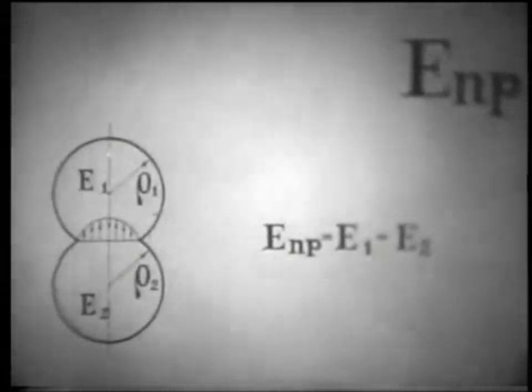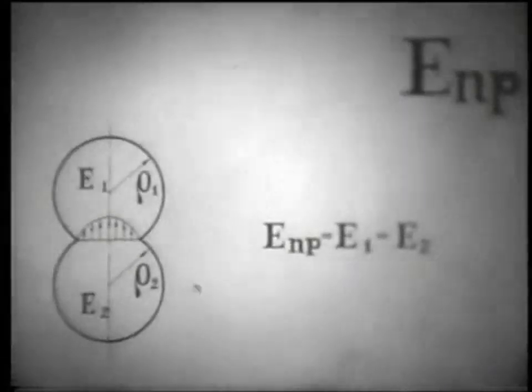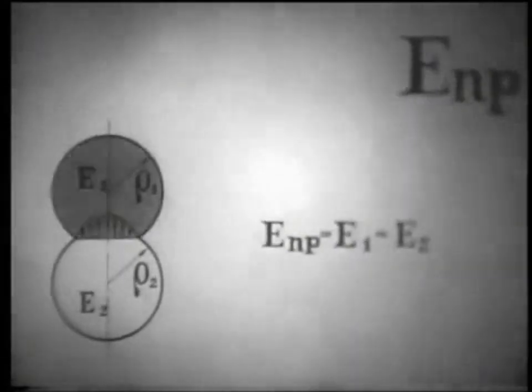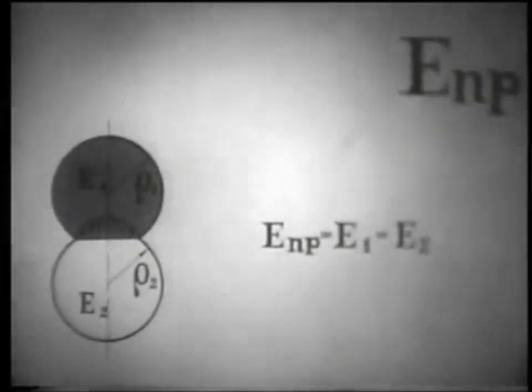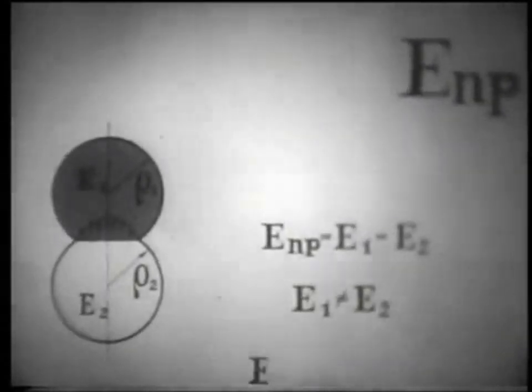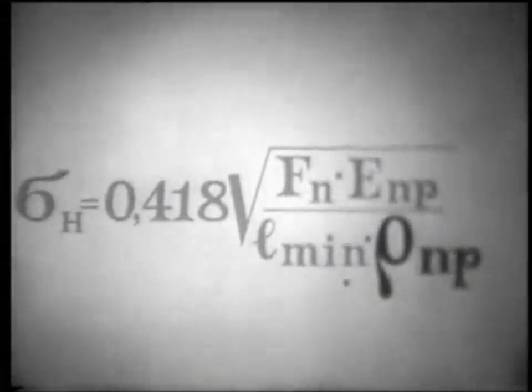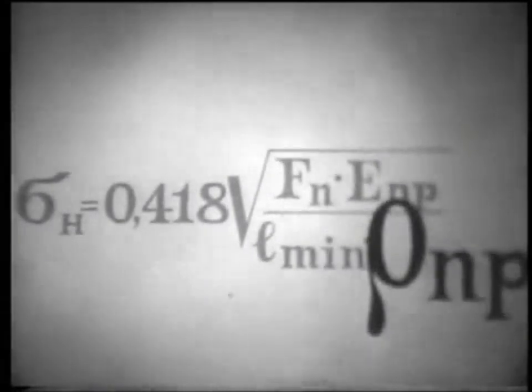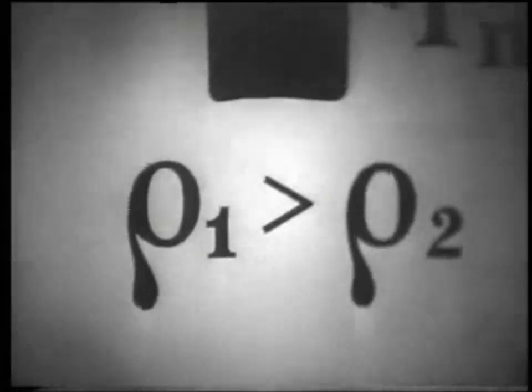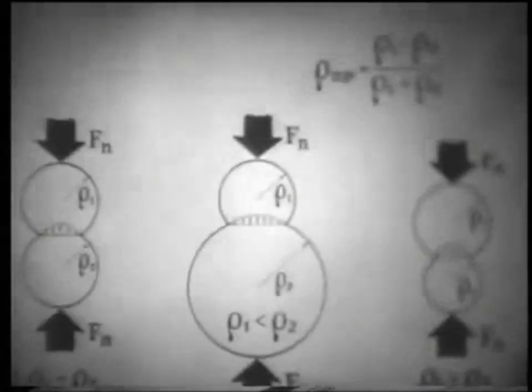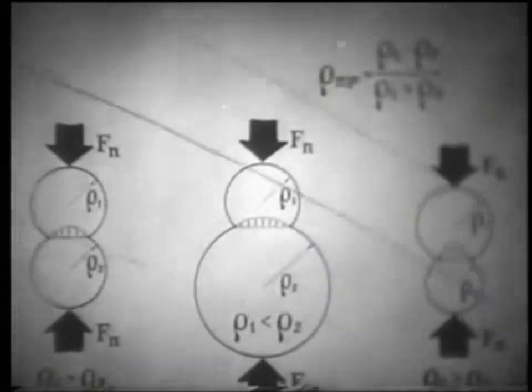With the same materials of the rollers, the reduced modulus of elasticity is equal to the elastic modulus of the rollers. For different materials, the reduced modulus of elasticity is determined by the formula. Changing the radii of curvature of the rollers leads to a change in the width of the contact area and, as a consequence, to changes in contact stresses.